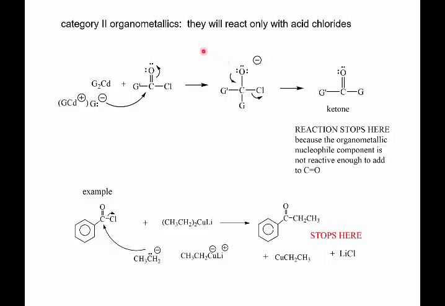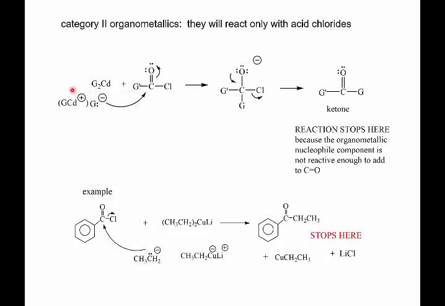For now, just note this, that of the possible derivatives, the most reactive is acid chloride, and the least reactive is amide. That's all I need to know right now. The most reactive is acid chloride, and the least reactive are amides. So your category 2 organometallics, they're WIMPs.